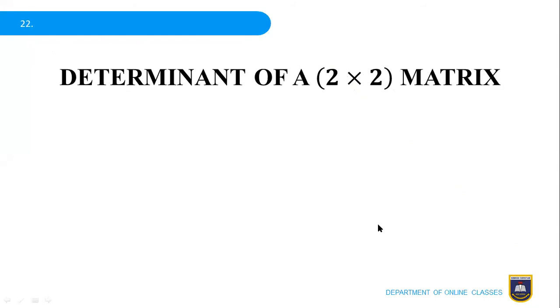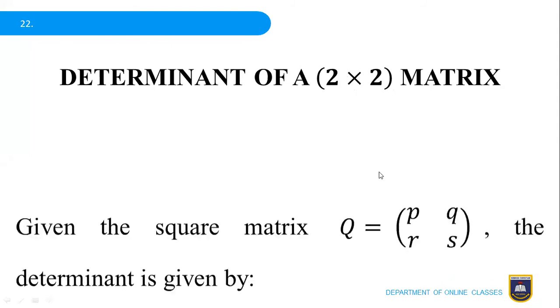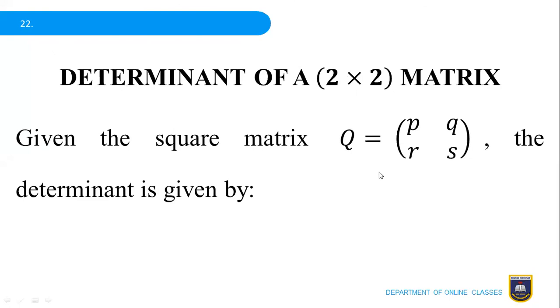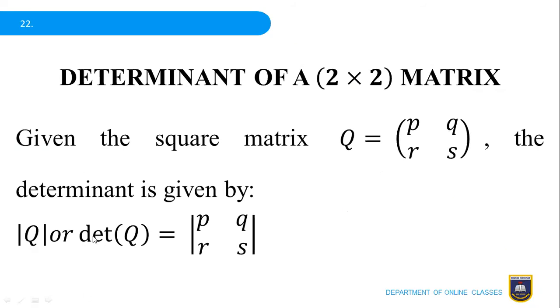Determinant of a 2 by 2 matrix. We want to find the determinant of a matrix. Now, when you have a square matrix, in this case 2 by 2, given the square matrix Q equal to [P, Q; R, S], the determinant is given by this. So we use this symbol to denote determinant.